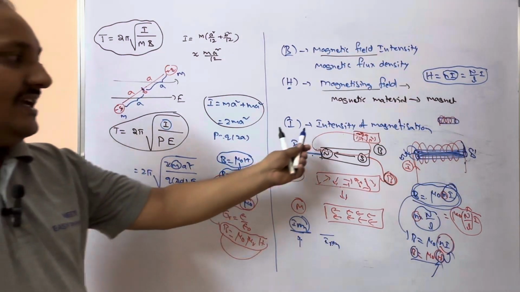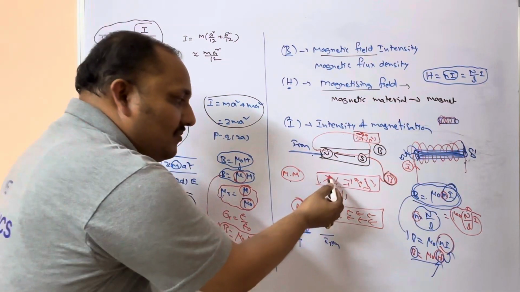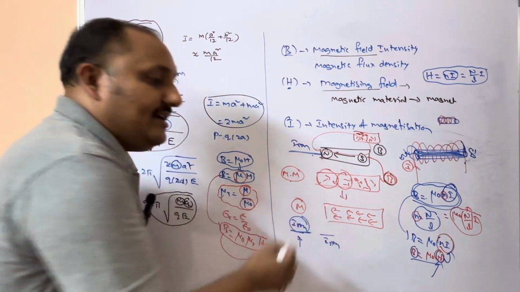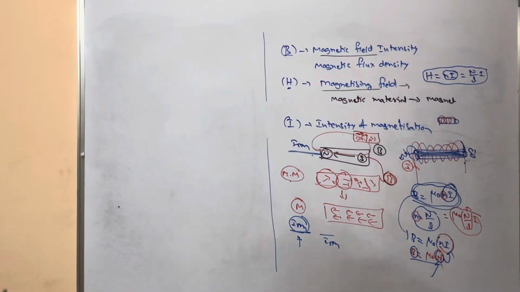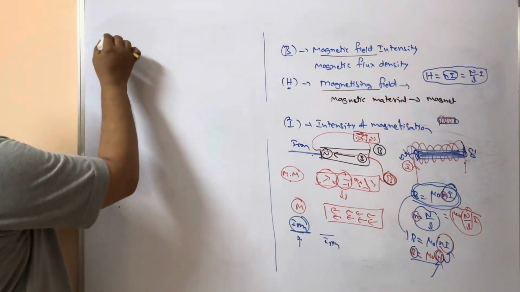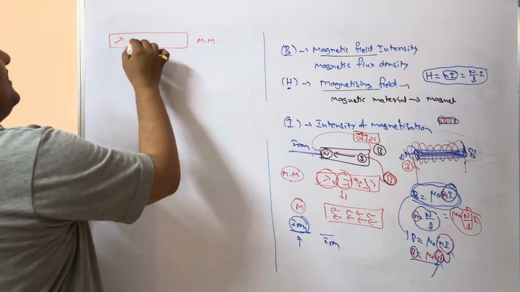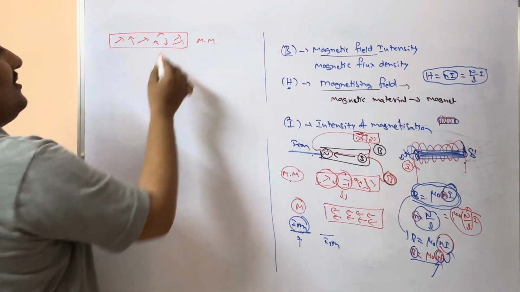Now we will see intensity of magnetization. This term is used to describe how much intensity there is to convert a magnetic material into a magnet. That definition we will give now. See, if you are taking a magnetic material, in this all these dipoles are there in their particular directions.